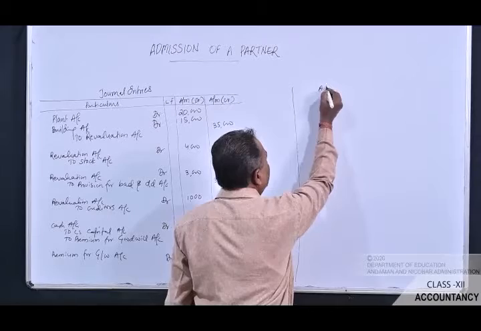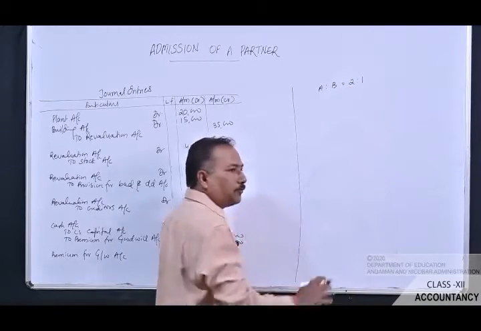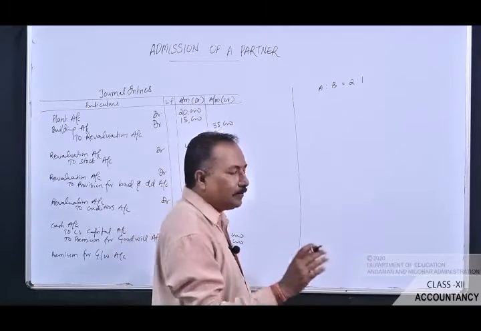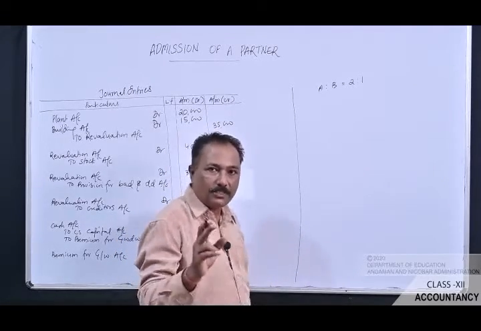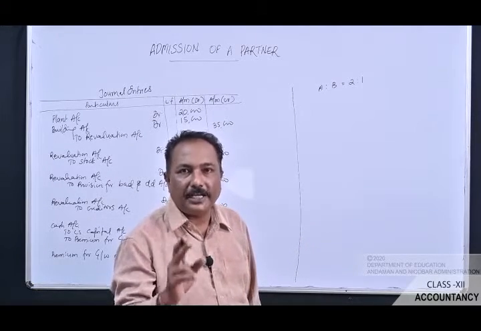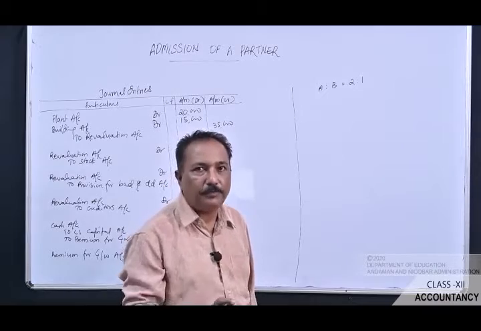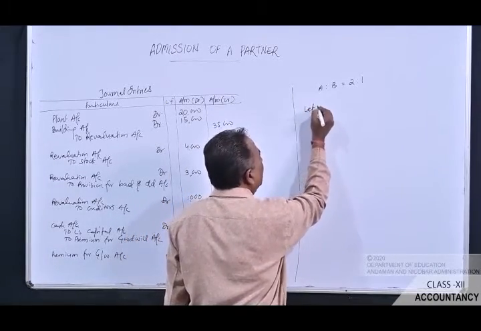Now, A and B are the partners, and they were sharing the profit and losses in the ratio of 2:1. C was admitted in the partnership business for 1/4 share in the profit. Now first we will calculate the new profit sharing ratio. How the new profit sharing ratio will be calculated? New profit sharing ratio will be calculated under case 1. How you will start solving under case 1?